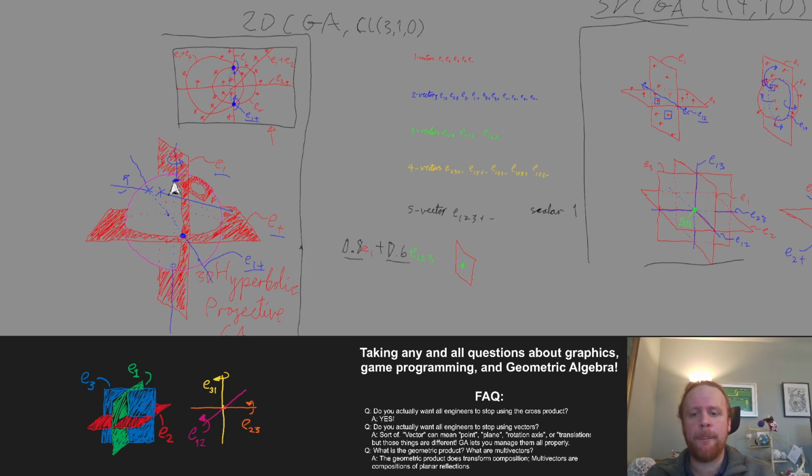I really mean that. These things are very analogous with one another. You've got, again, reflections in planes, you've got reflections in lines. A plane is not a line, but you can remind yourself of this connection.